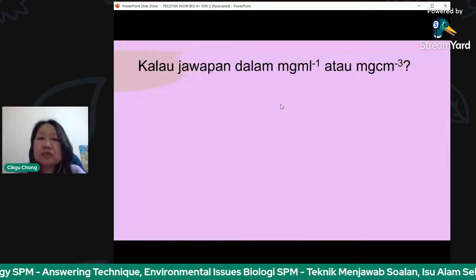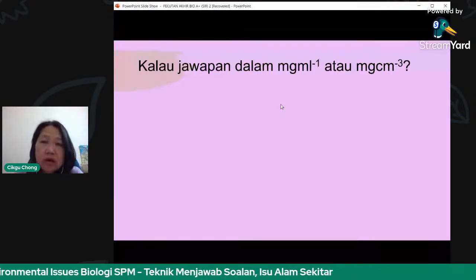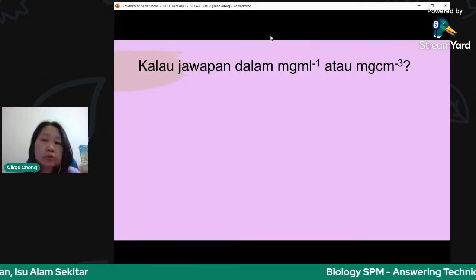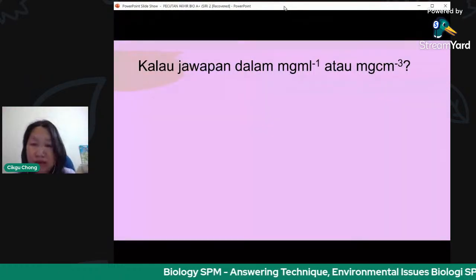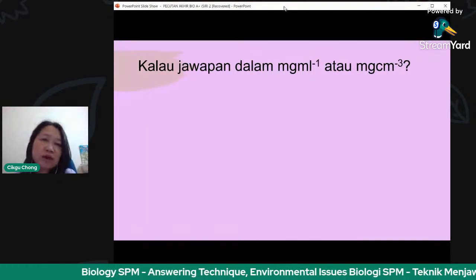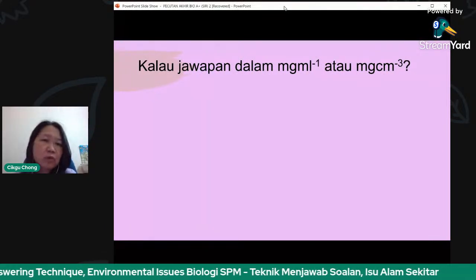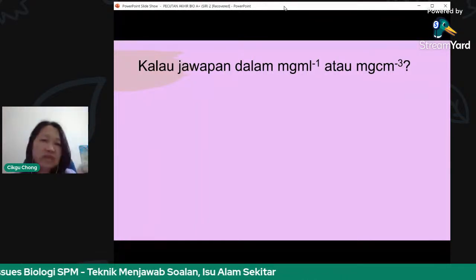Mg per ml, or mg per cm cube. So these same students, who have answered so well for the B, can you give your answer? I'm not giving you any ABCD here. Can you tell me what the answer is now? If the question wants the answer in mg per ml or mg per cm cube, it's the same.